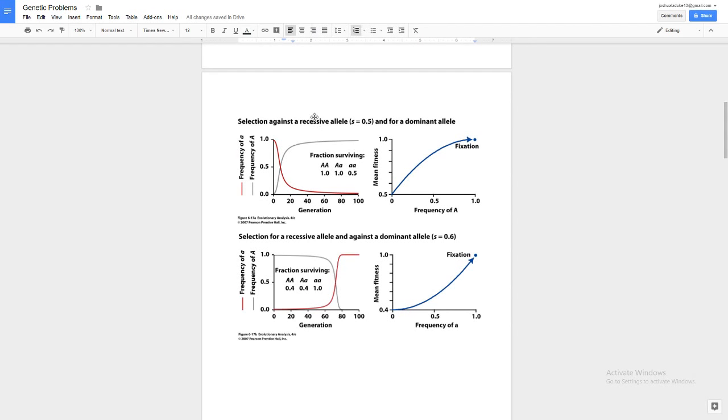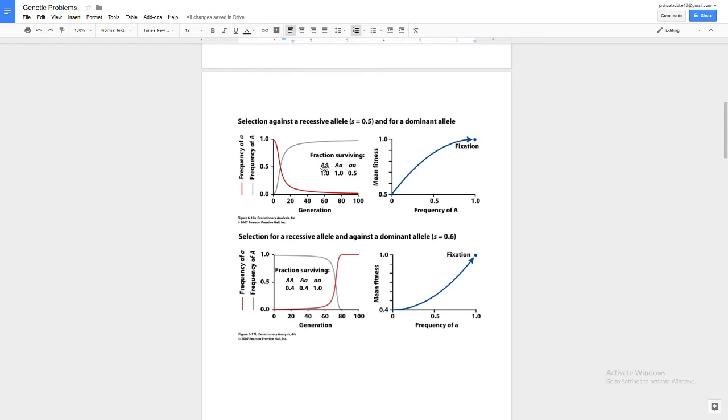Let's say that you have a recessive allele, where here it says the selection coefficient is 0.5 against a recessive allele. So that means that the fitness is 0.5, or another way to word that would be you're 50% more likely to die or to not reproduce if you have this particular genotype. The other two, again, have a fitness of 1, and the selection coefficient here would be 0.5.